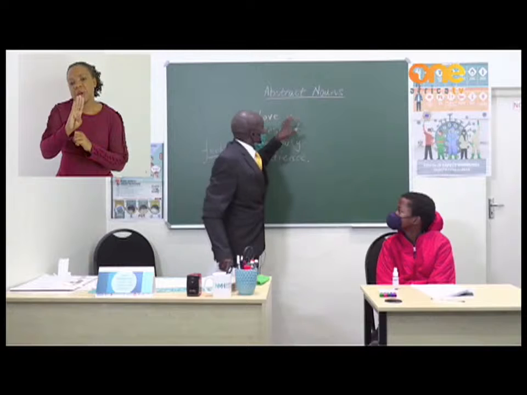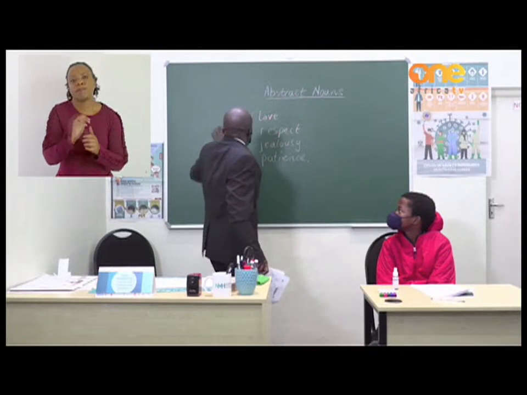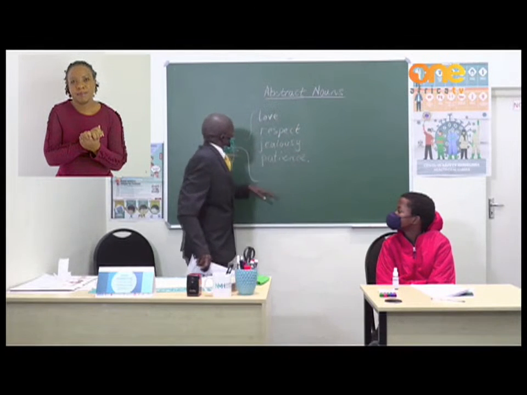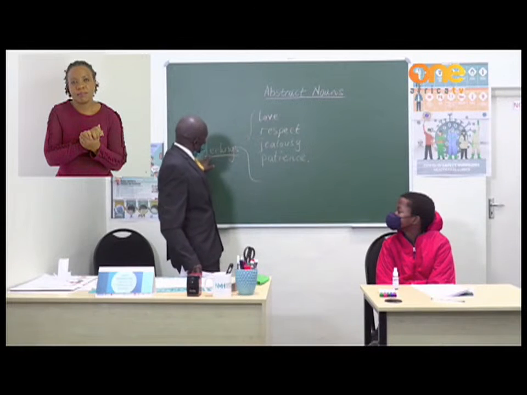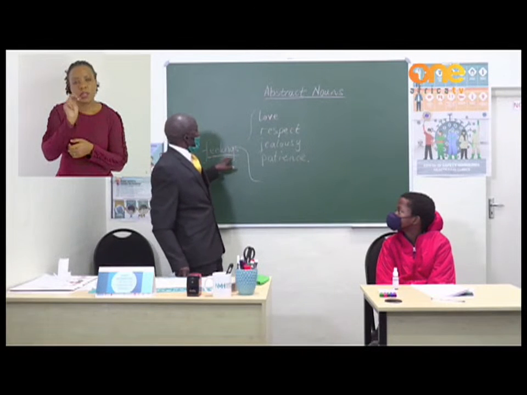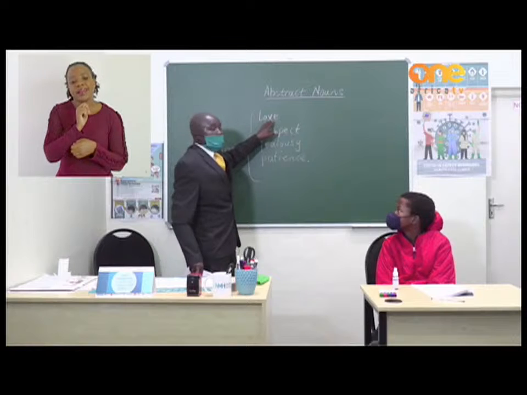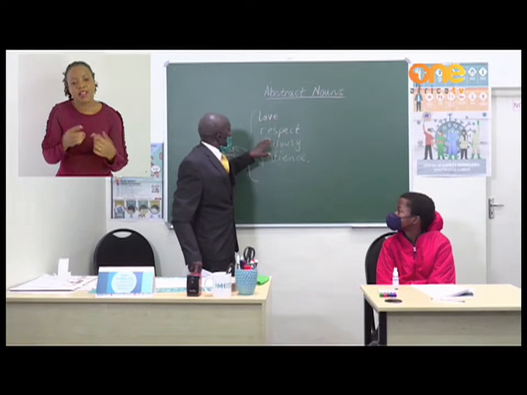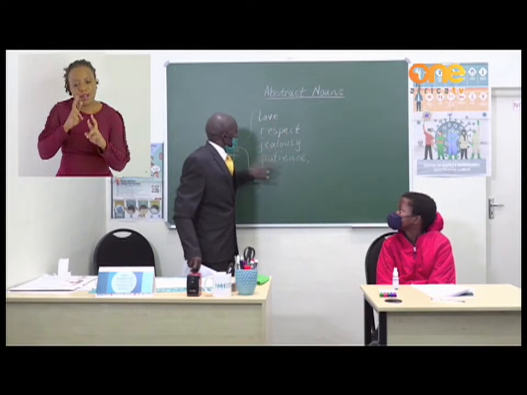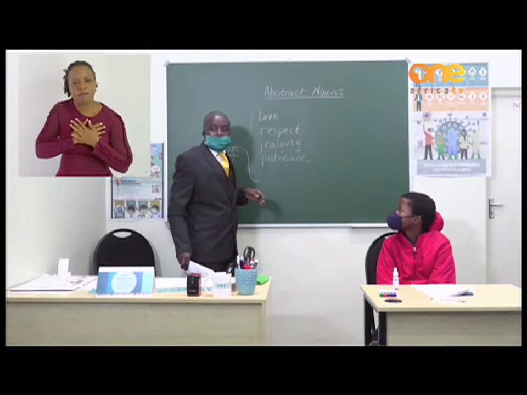Abstract nouns do not appeal to the 5 senses. It has something to do with feelings. Examples that I've written here are love, respect, jealousy, and patience.